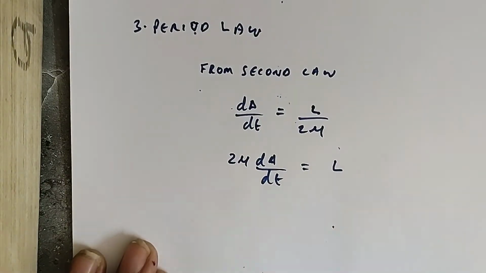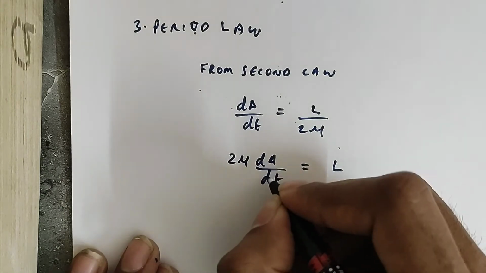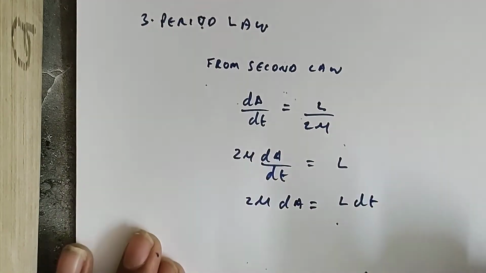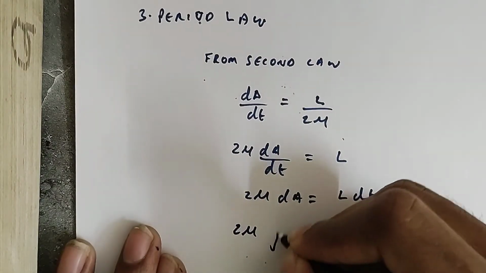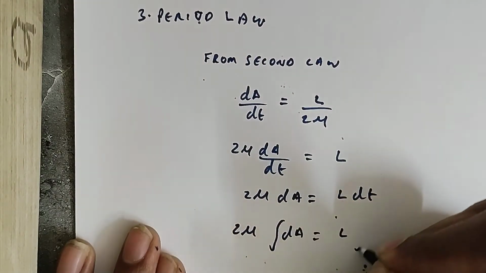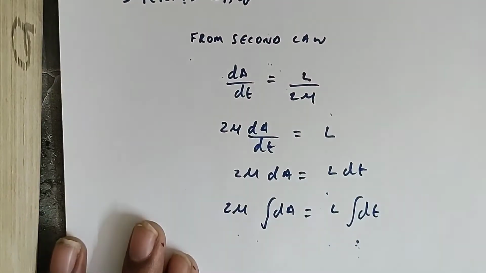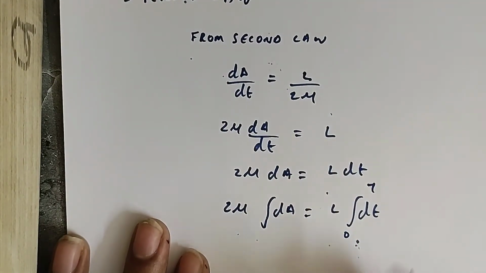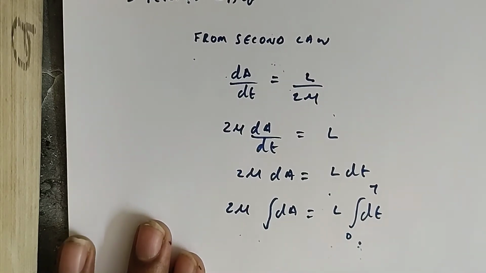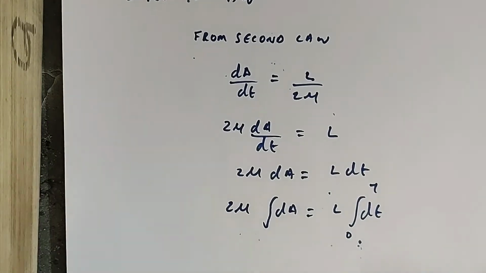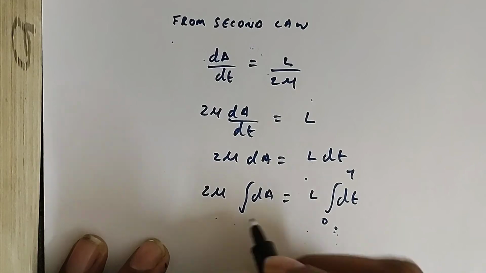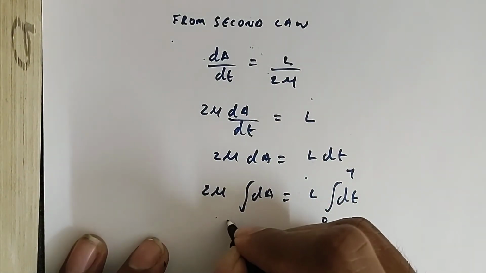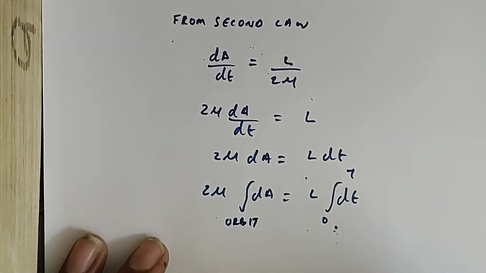I get L dt. Now I'm going to integrate this equation, and the limit is from 0 to T for time. I cannot leave this as an indefinite integral. It will leave me a constant, and again it's not worth it. Secondly, dA will depend upon what orbit I choose, so I'll just write orbit.